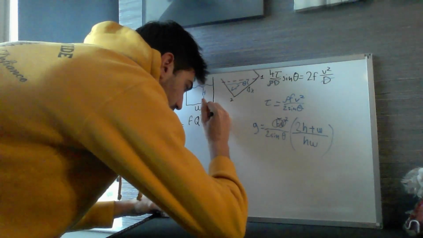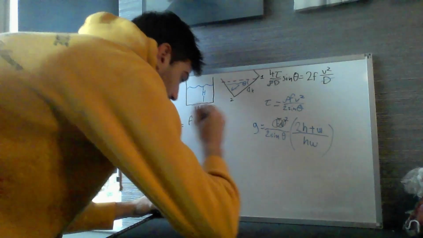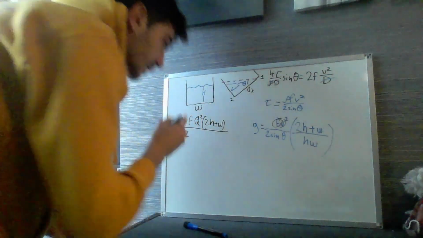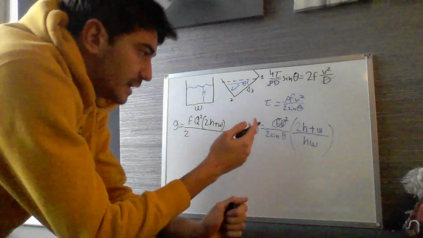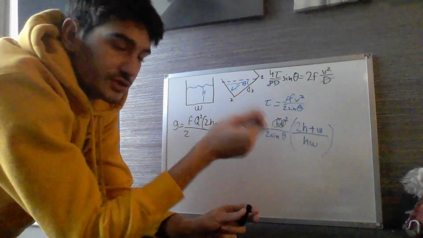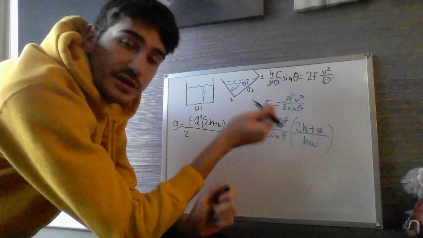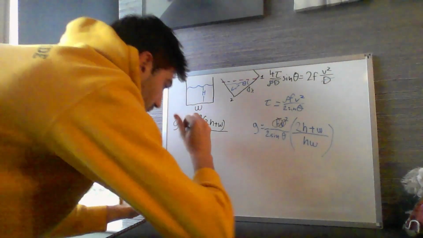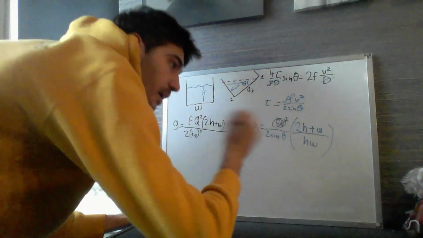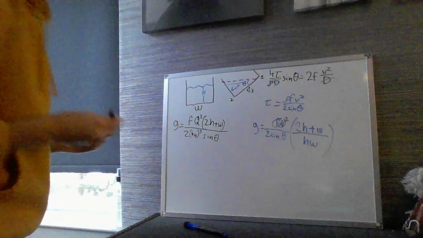And then still multiplied by 2H plus W. And then in the denominator, we're going to have 2, and then the V squared became divided by HW, and it's squared, so we have HW squared, and of course we still have this down here, so we're going to have HW cubed. So 2 multiplied by HW cubed multiplied by sine theta. All right?